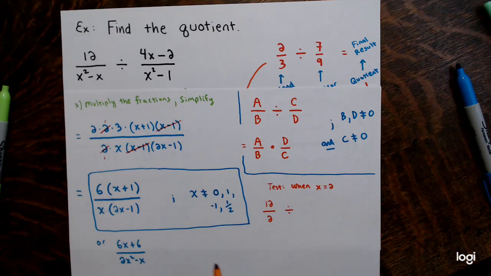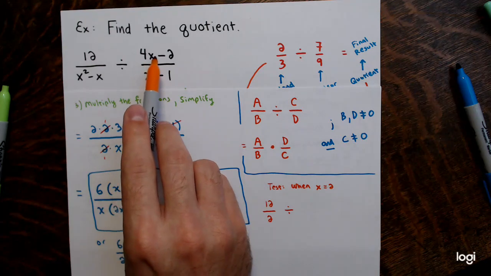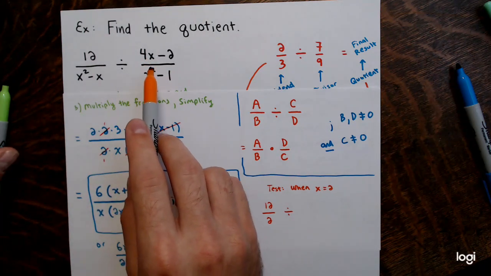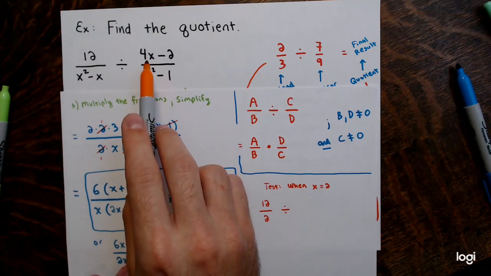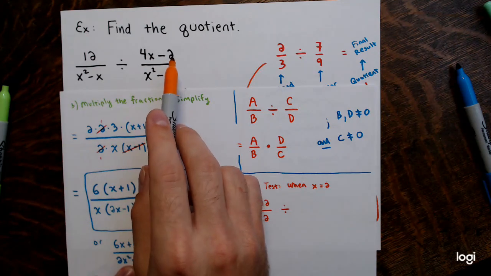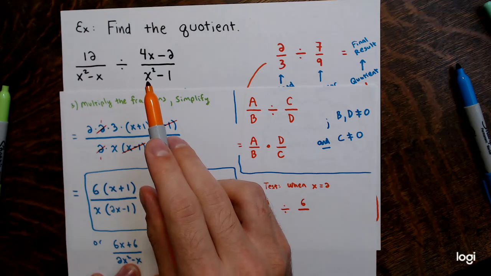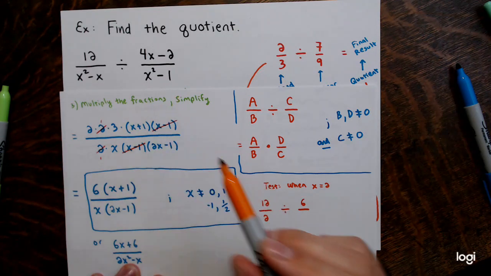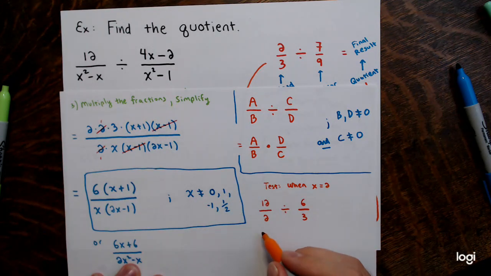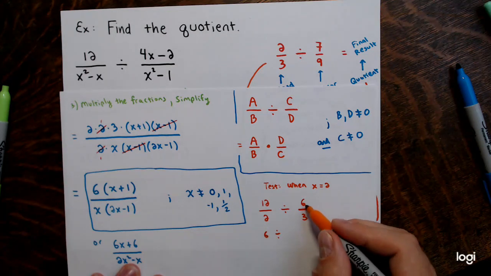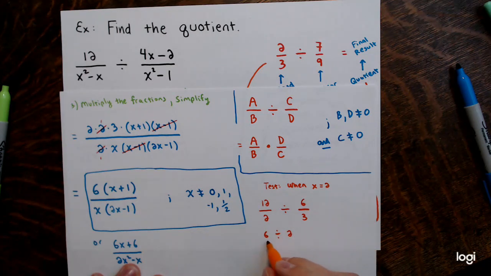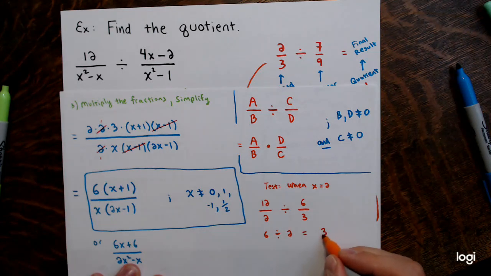And then we have divided by this fraction, the numerator, when x is 2, would be 4 times 2, which is 8, minus 2 is 6, divided by 2 squared minus 1, that's 4 minus 1, that's 3. So what I'd have here is 12 divided by 2 is 6, divided by, and then 6 divided by 3 is 2, and then 6 divided by 2 is 3, a nice whole number 3 here.